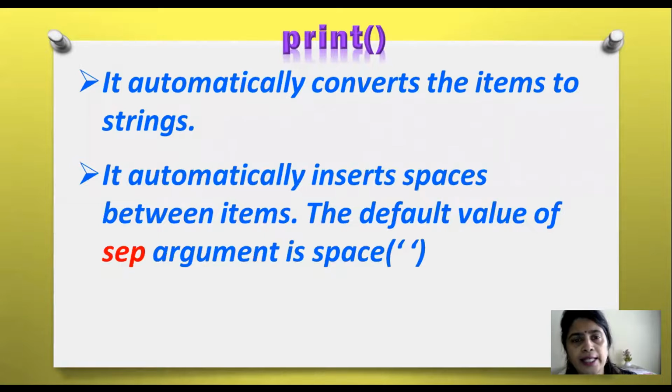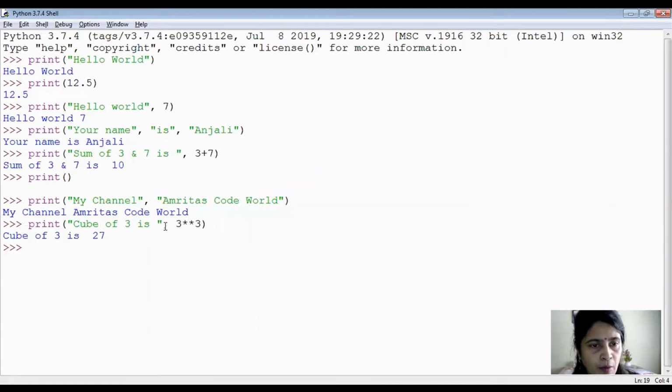Let us now see some other feature. It automatically inserts spaces between items. The default value of the sep argument is space. So we have already seen here that wherever a comma is there, as separator, we have got a space.